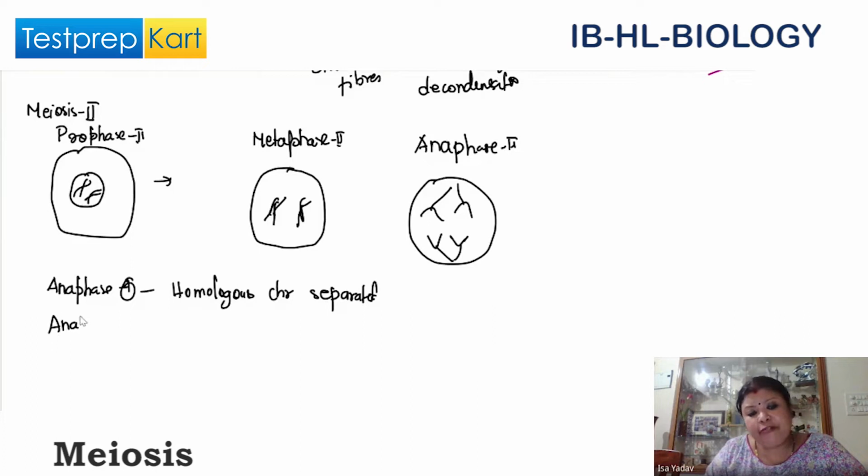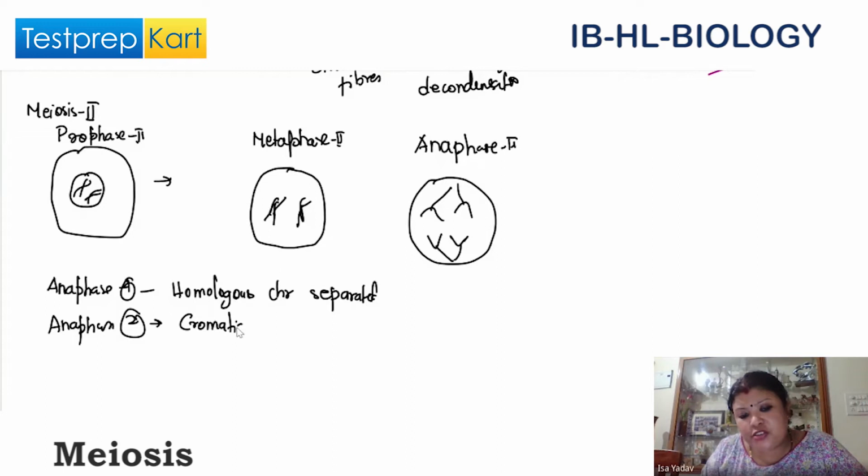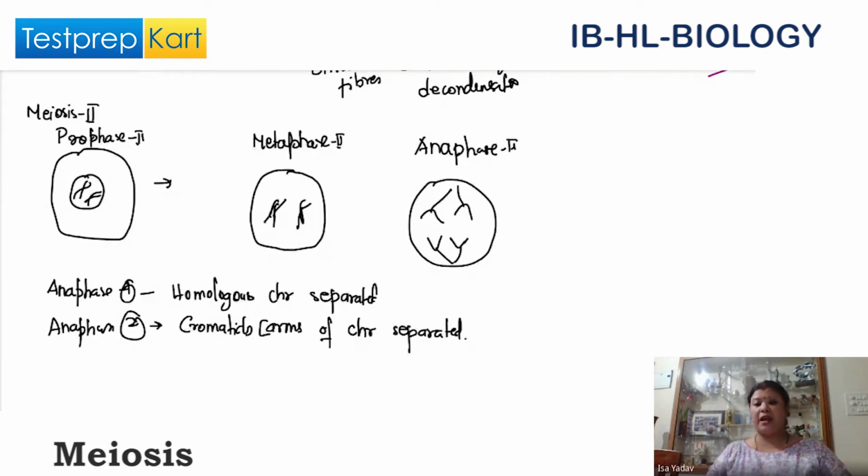In anaphase 2, chromatids, that is arms of chromosome, separated. Please read these 2 lines, Sana, and tell me, have you understood? Is there anything which you have not understood? Is there a doubt or anything?